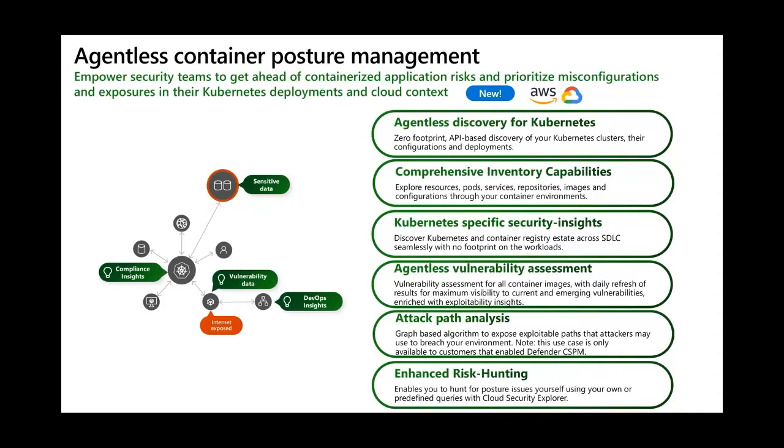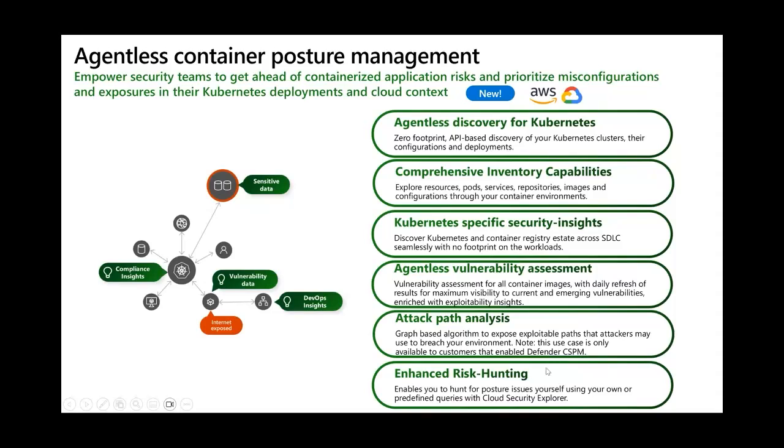So we'll show you, starting with the entry point and the target resource, how the attacker could leverage these different resources to breach your environment. And in this case, we're looking at Kubernetes specific examples. And one thing to note here is that this capability is only offered through Defender CSPM.